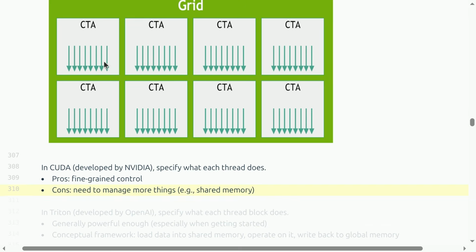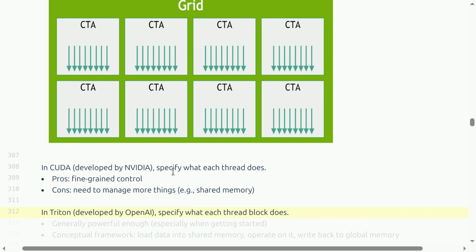So they have to synchronize, and they read from HBM all at once, and they have to synchronize and do the computation, and you have to do that bookkeeping. If you were doing all element-wise operations, CUDA is just fine. It doesn't really matter. But as you get more complex operations, Triton provides some value of abstraction.